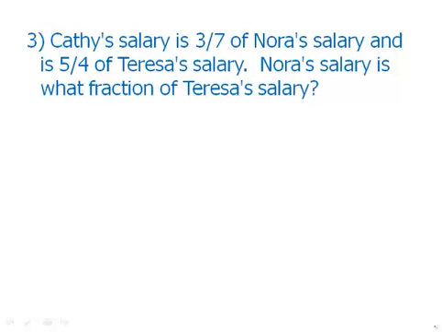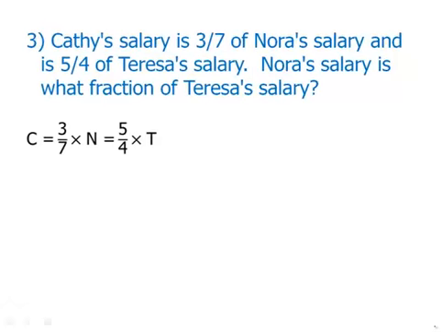So first thing I'm going to say is we'll represent each one of the salaries by the first letter of the female's name. So C is 3/7 of N. Also, C is 5/4 of T. So we can translate that first sentence like this.